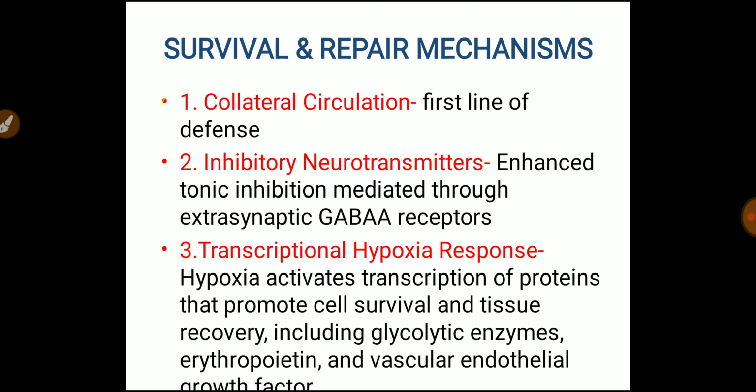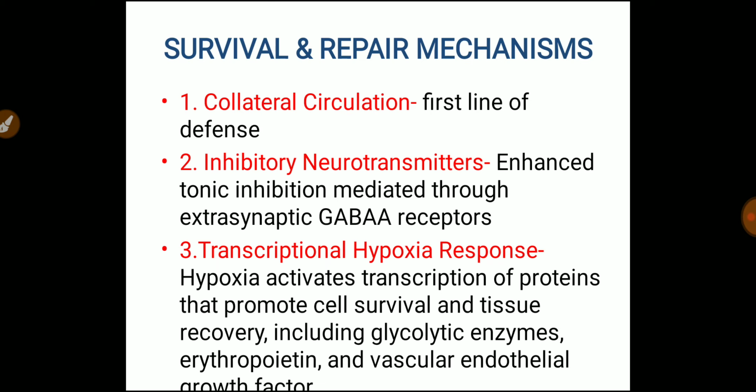So first is collateral circulation. Always remember, the first line of defense is collateral circulation. That means if there is ischemia or thrombosis or embolism in one artery, then there is collateral formation of other arteries which will compensate the ischemia and will provide the area with blood.